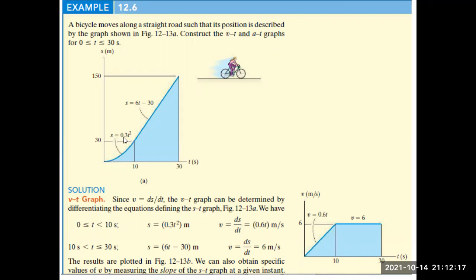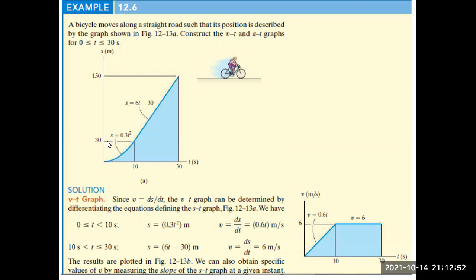Okay, so how many functions or equations do we have for S as a function of T? Yeah, two equations. One is S is equal to 0.3 times T squared, and the other one is S is equal to 6 times T minus 30, right?